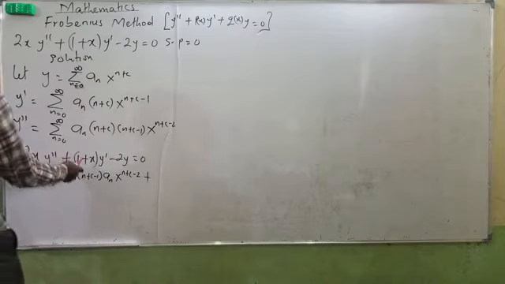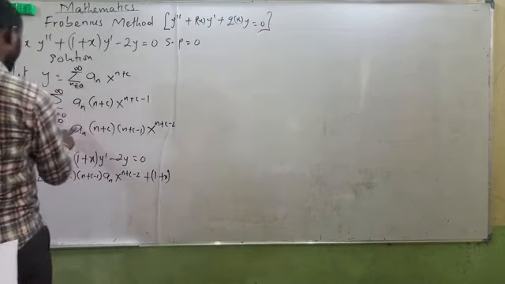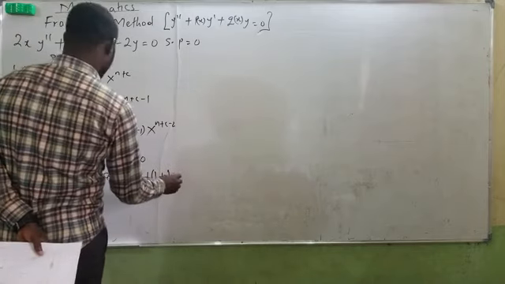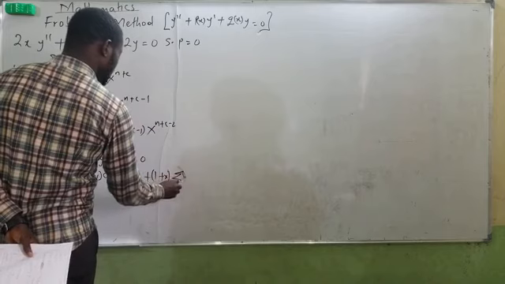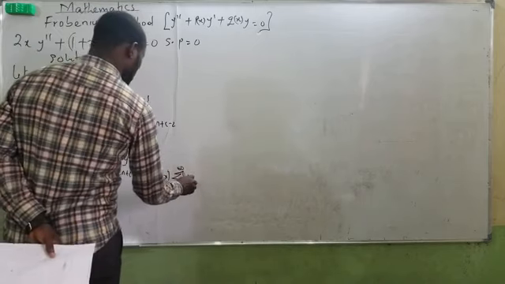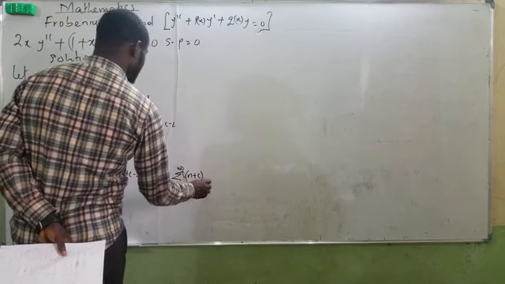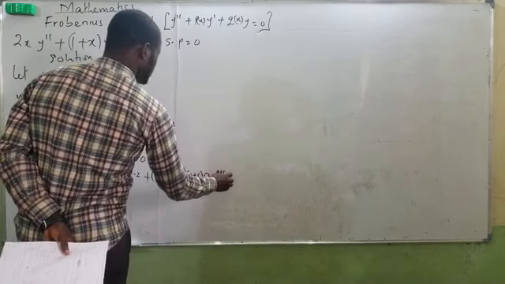The second one, I'll have (1 plus x) bracket, with y prime being the summation, which runs from 0, this is called the counter, of (n plus c) a_n x raised to power n plus c minus 1.